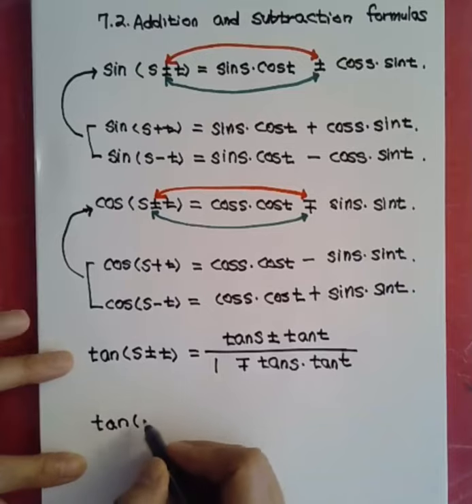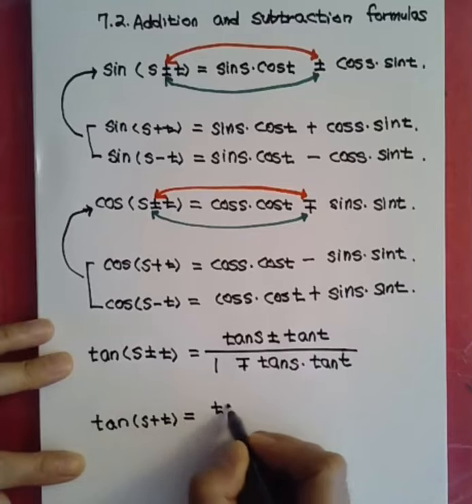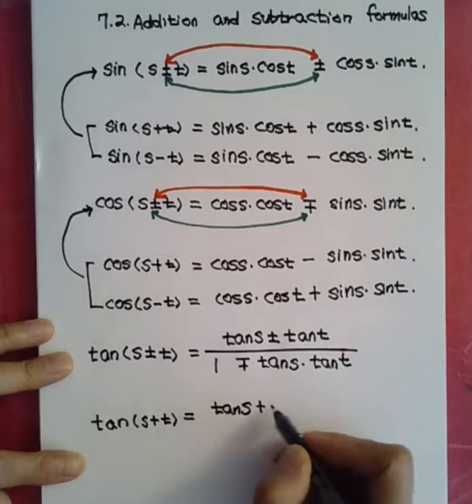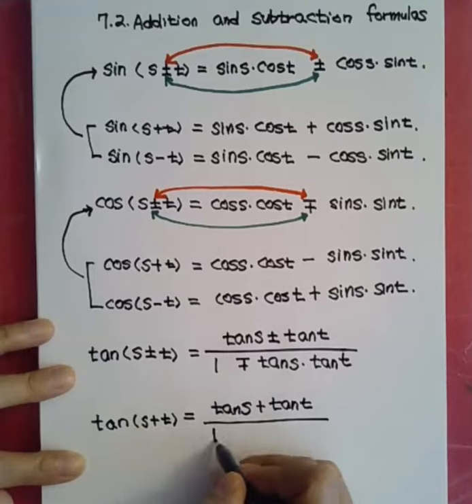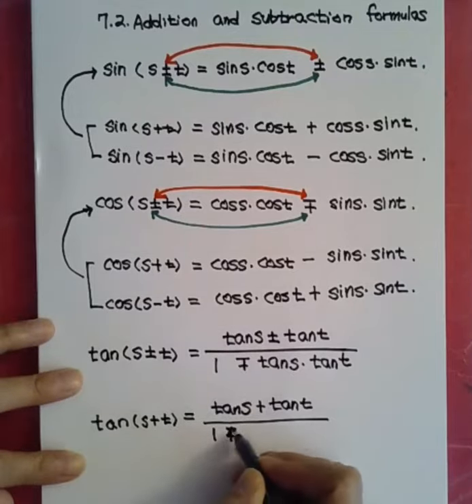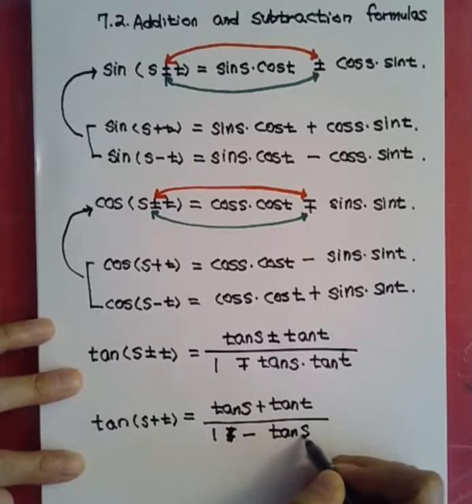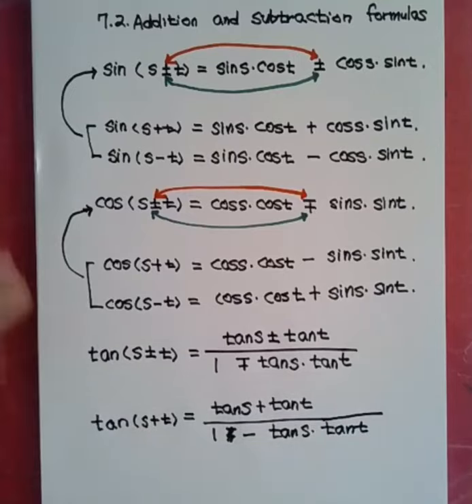So tangent of s plus t equals tangent of s plus tangent of t in the upper part, over 1 in the lower part minus tangent of s times tangent of t.